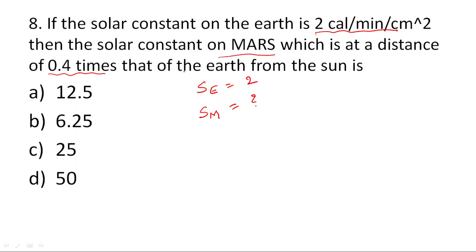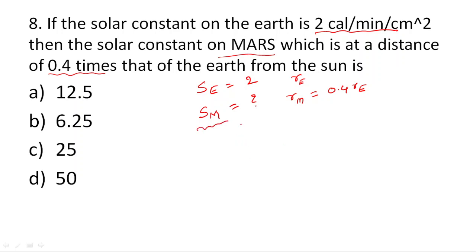If Re is the distance between Earth and the Sun, then Rm, the distance between Mars and Sun, is equal to 0.4 into Re. So that is given in the problem. We have to find out Sm, that is the solar constant on Mars.